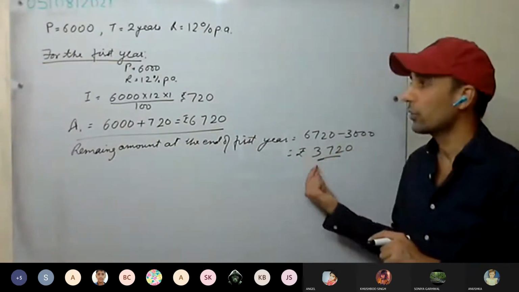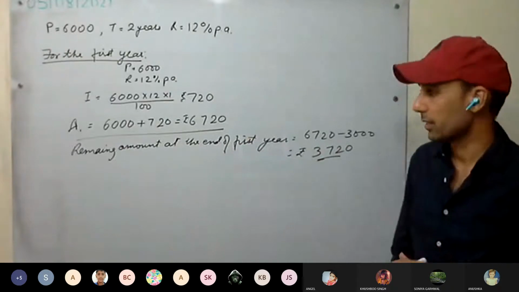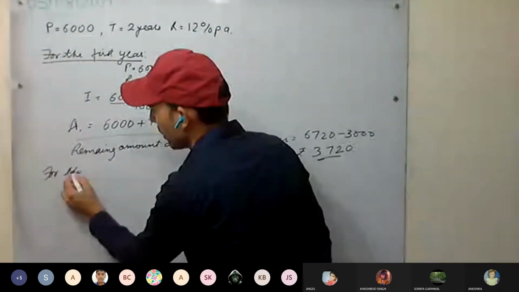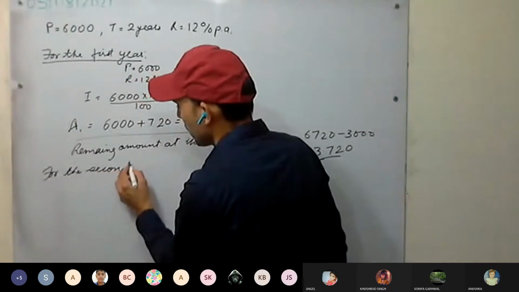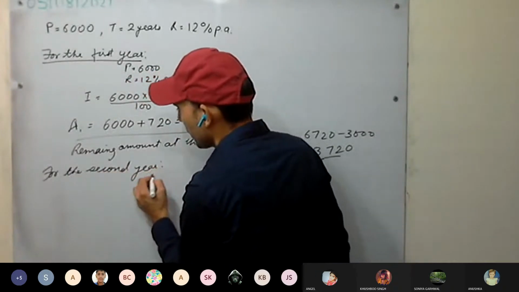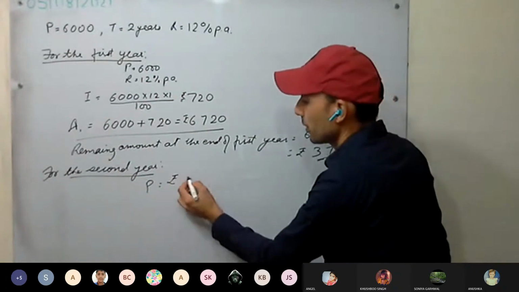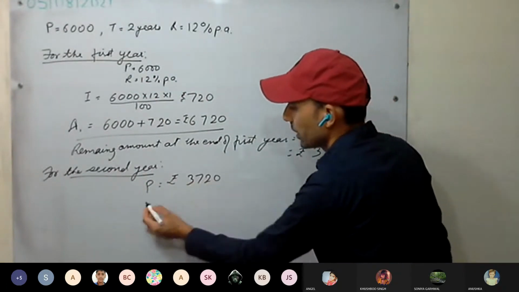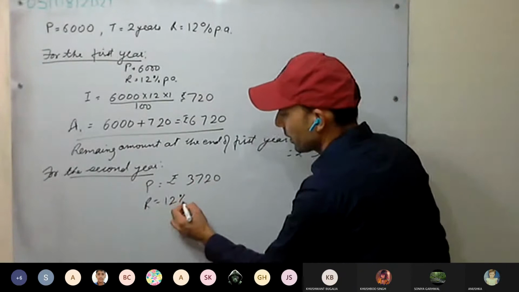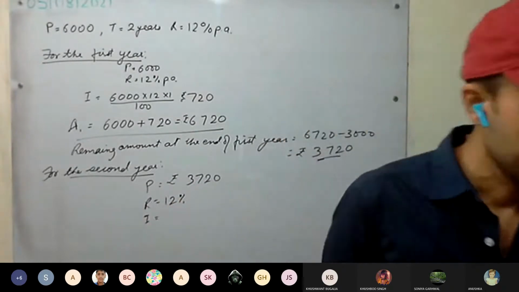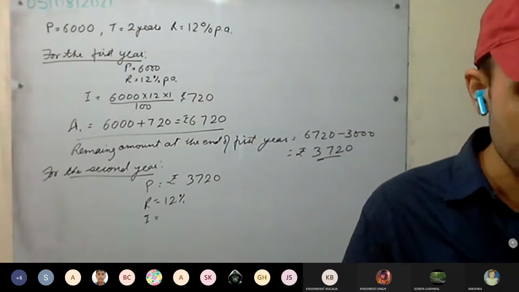Now on this remaining amount, we will calculate the interest for the second year. So for the second year, the principal this time will be rupees 3,720. Rate again 12%. Calculate the interest and tell me.